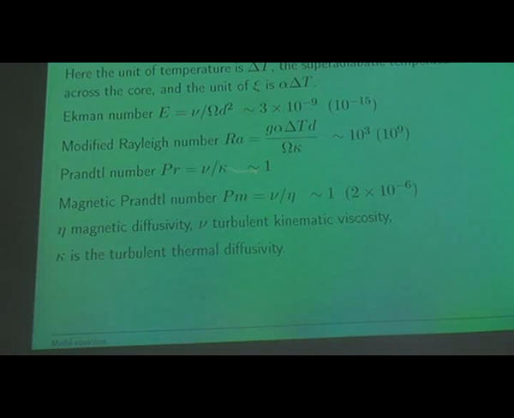We like to take the proper molecular diffusivities and use these numbers in brackets, but that is just not numerically possible. So what we're actually trying to do is to enhance these diffusivities, well in particular enhance mu and kappa. It's not actually necessary to enhance eta. We take eta to be the correct value.